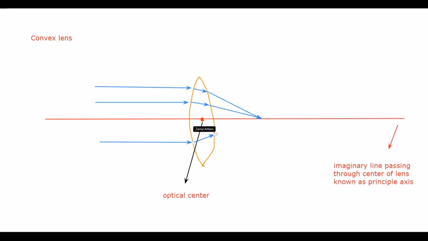Sir, how do they bend away from the normal? Because the normal is different according to the surface. As they're traveling, the light is traveling from air to glass.